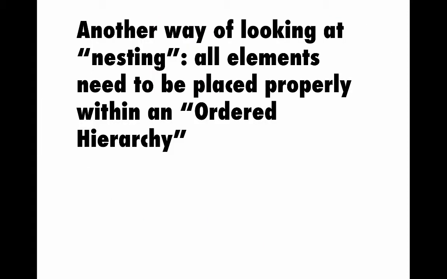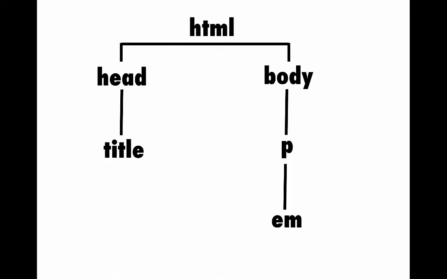Another way of looking at nesting, the Russian doll example is probably the best in thinking of start tags and end tags and the way everything needs to be very neatly folded within one another. But you can think of it as everything in an HTML file is placed within what is called an ordered hierarchy. So like the one that we're making right now, HTML is the main element, and then it branches into head and body.